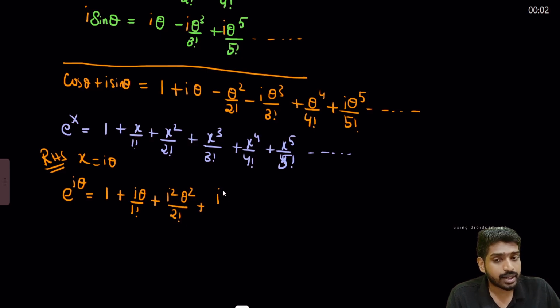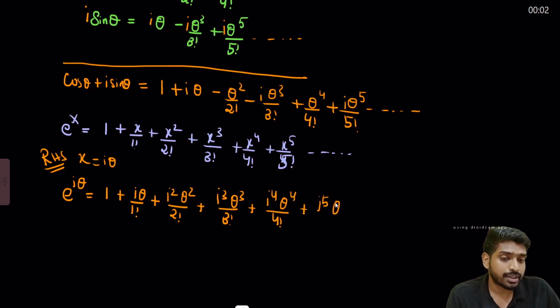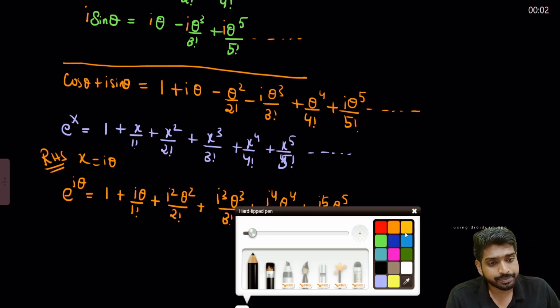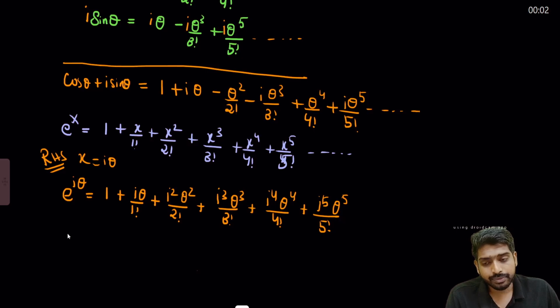Next here I'll get iota cube theta cube by 3 factorial plus iota to the power 4 theta to the power 4 by 4 factorial plus iota to the power 5 theta to the power 5 by 5 factorial. Now again we'll simplify this one. So here I'll get e to the power iota theta is equals to 1 plus iota theta by 1 factorial.